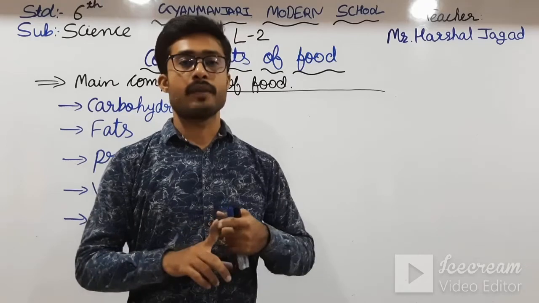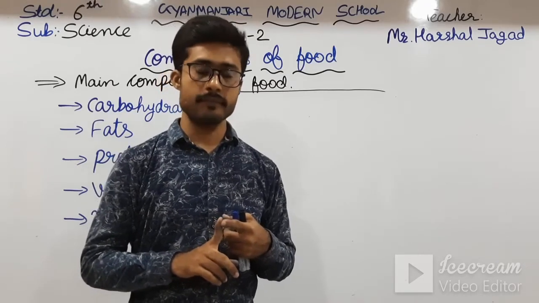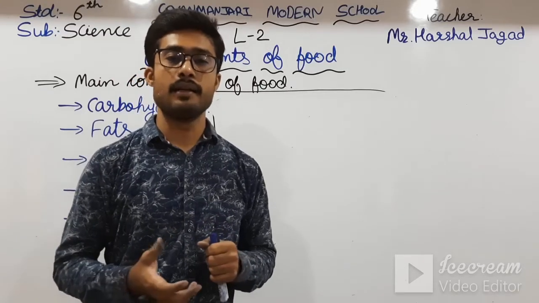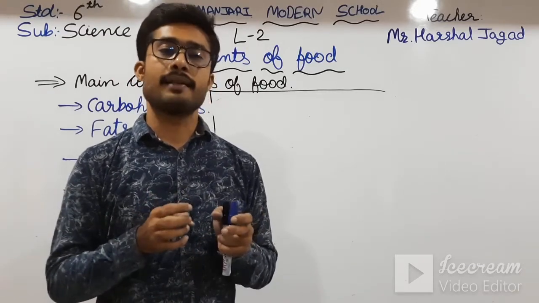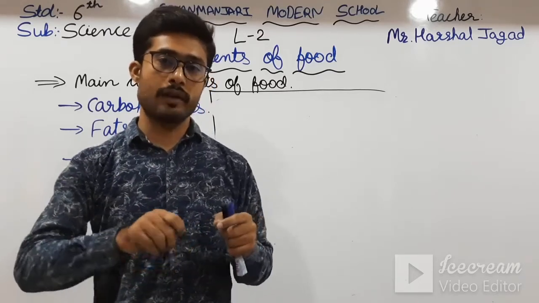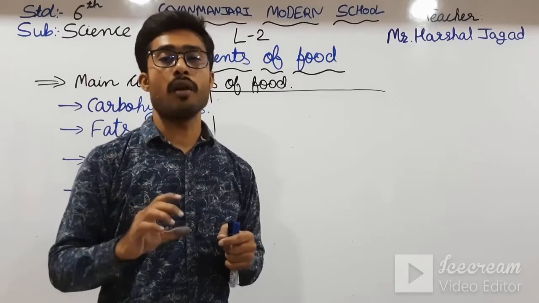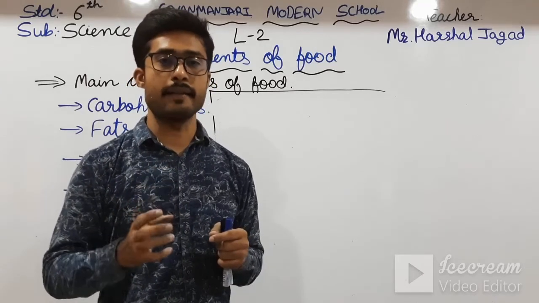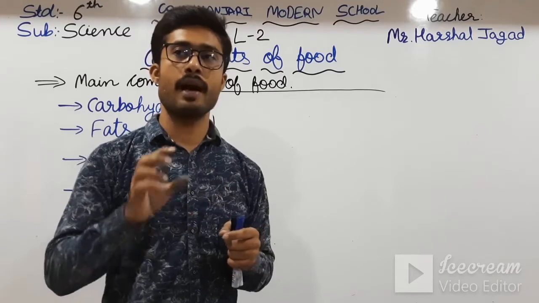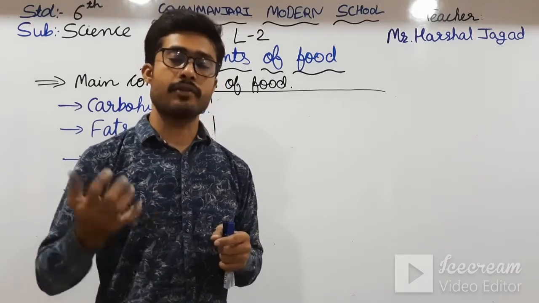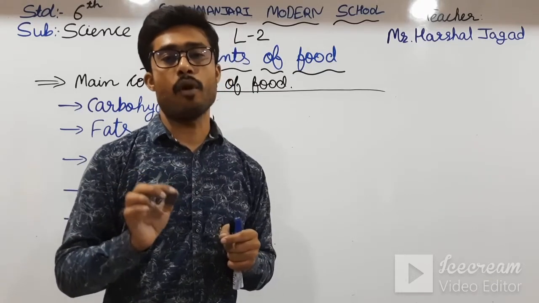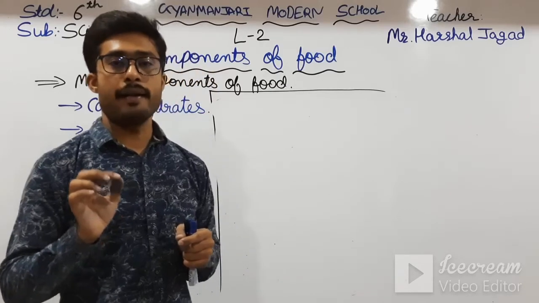Okay students, what is the activity? The aim is to know whether starch is present or not in your food. So we have to first of all crush the food into small pieces. Okay students, and then we have to put it in the test tube, add water and shake it well, and then add some drops of the dilute iodine solution.